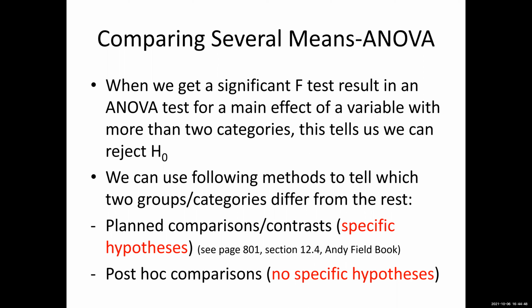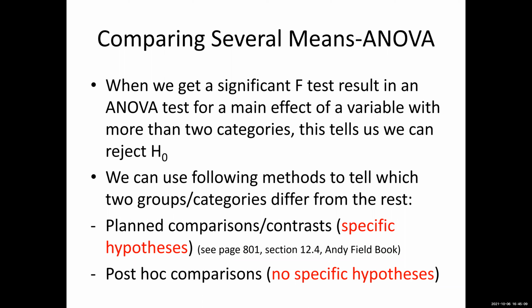If you have a specific hypothesis in advance, an a priori theoretical argument that these two groups would differ on a specific variable of your interest, then you will use comparisons or contrasts.